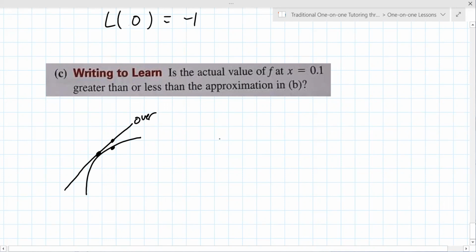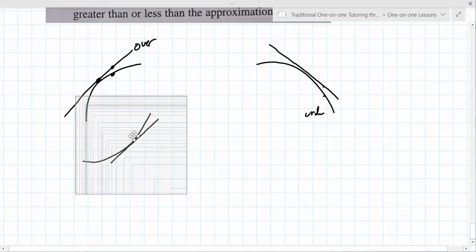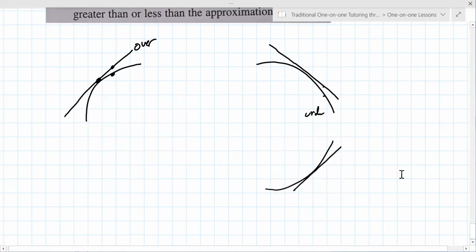Let's say it's concave down and decreasing. That's an underestimate. Yeah. Okay, so the other possibilities are it's concave up. So that's actually, let me put that on the right here. So this is also an underestimate.